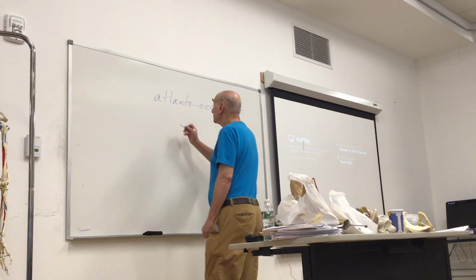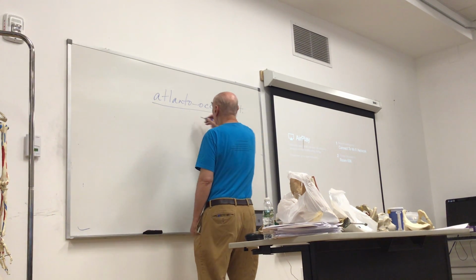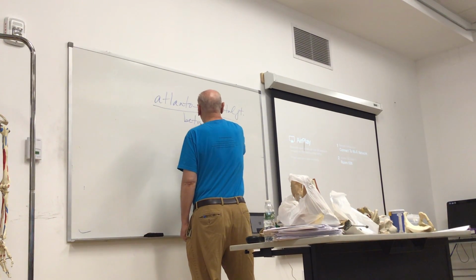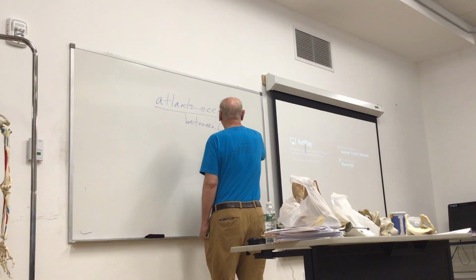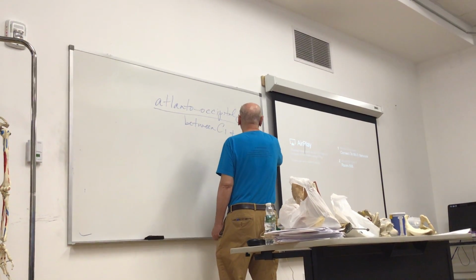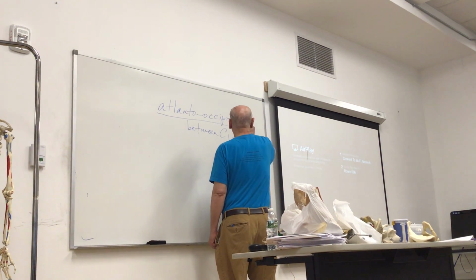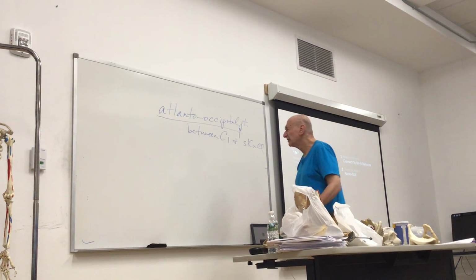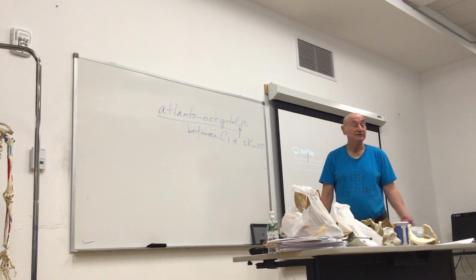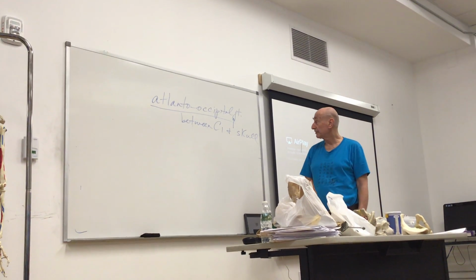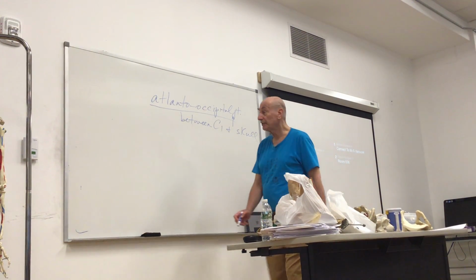Just know, atlanto-occipital is between atlas and skull, or between atlas and occipital bone, but I'll just put between C1 and skull. Atlas is the only vertebra that articulates with the skull, and that's the atlanto-occipital joint.